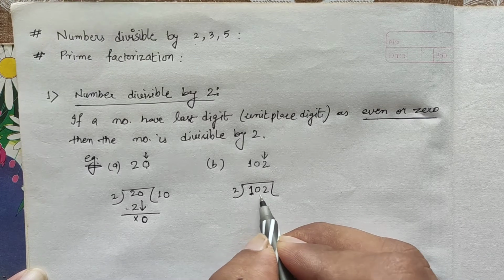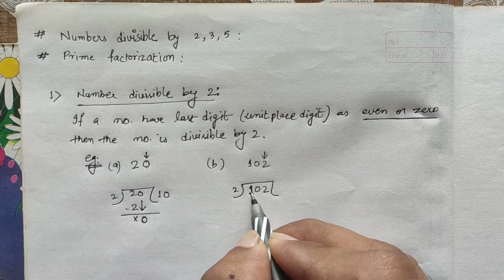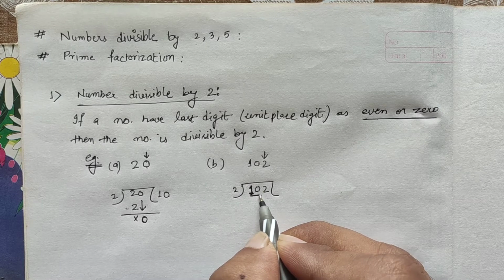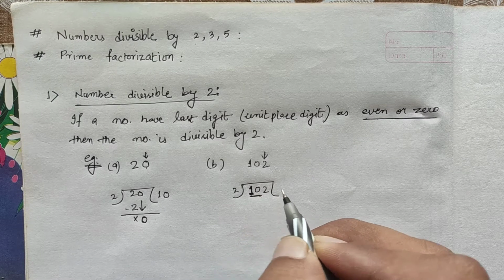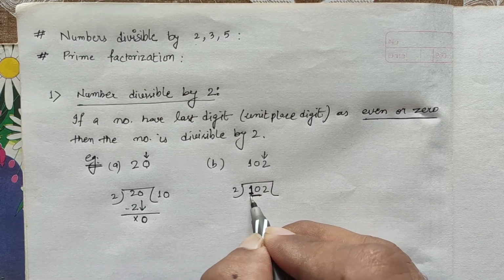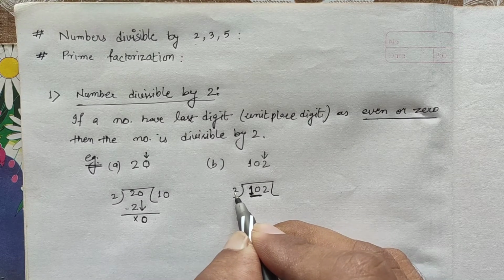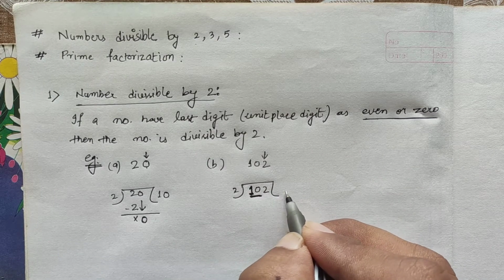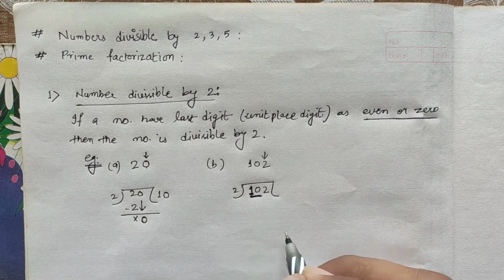While dividing by 2, if the first digit is smaller than 2, we have to take two digits at first, but not on the second step. At first we can take two digits if the first digit is less than the divisor. This is the divisor, this is the dividend, here we write the quotient, and at last there is the remainder.